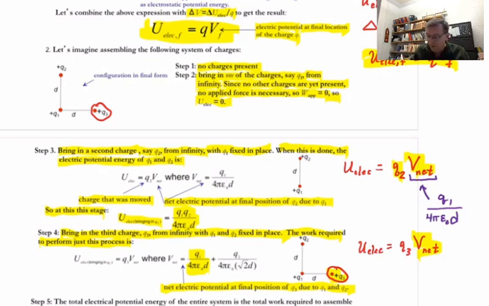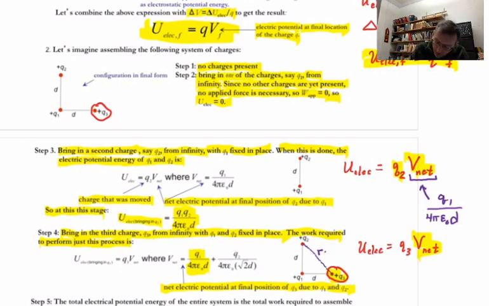Now, what's the contribution to the potential at particle 3's location from particle 2? That will be Q2 over 4 pi epsilon 0 r, where that's the r, right? For Q2, that's the distance from Q2 to where particle 3 is.